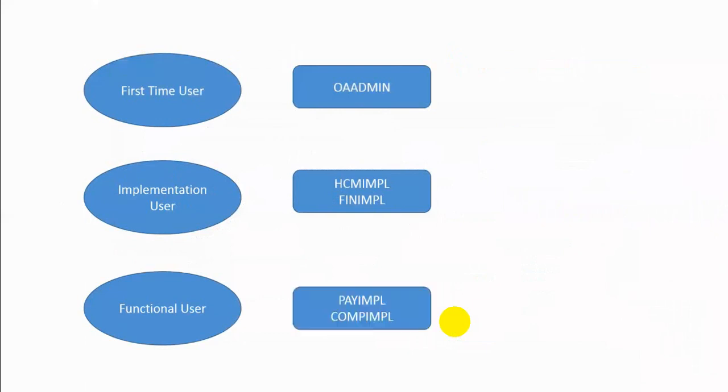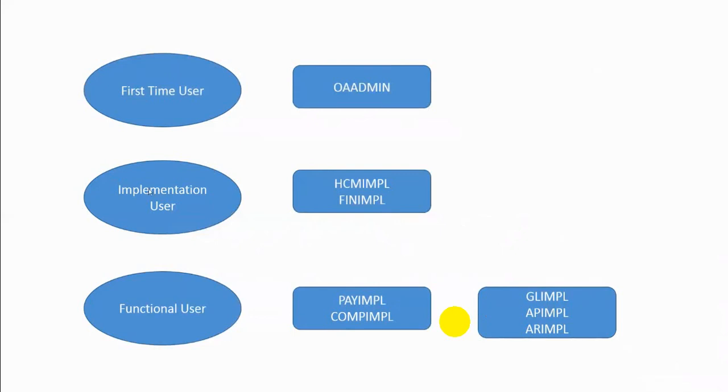For example, if you got HR implementation, then a payroll implementation functional user, a compensation implementation functional user. If you bought finance, a GL implementation functional user, an AP implementation functional user, an AR implementation functional user. I mean, it's not necessary that we create individual users. Typically, if it is organized and structured, we can create functional users like that.